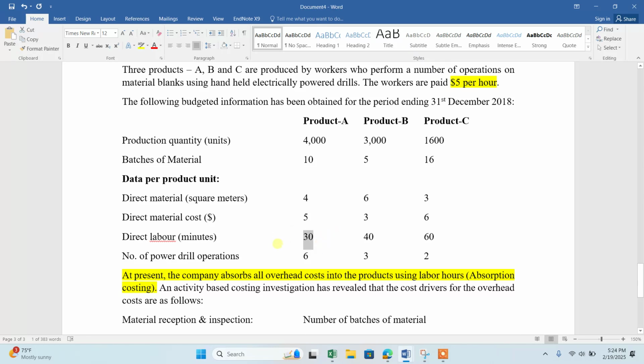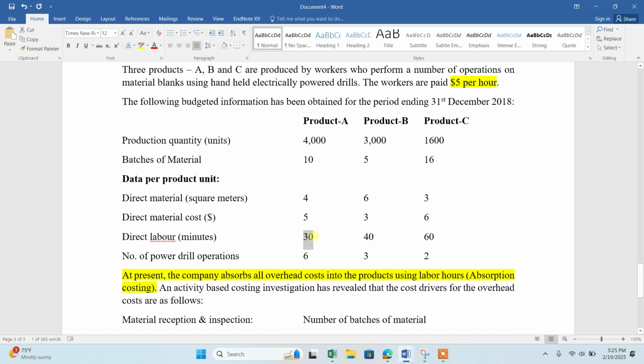You can see that we need 30 minutes to produce product A. We need 40 minutes to produce one unit of product B, and we need 60 minutes, meaning 1 hour, to produce one unit of product C. You can see here, my dear, it's given that the workers are paid $5 per hour, but to produce one unit of A it takes 30 minutes, which means half an hour.